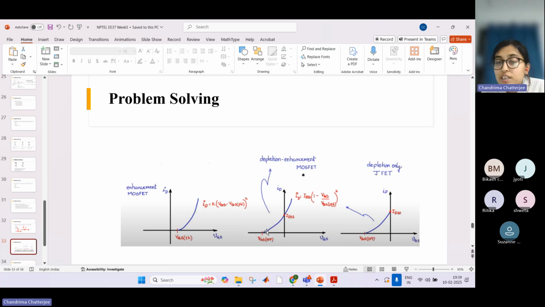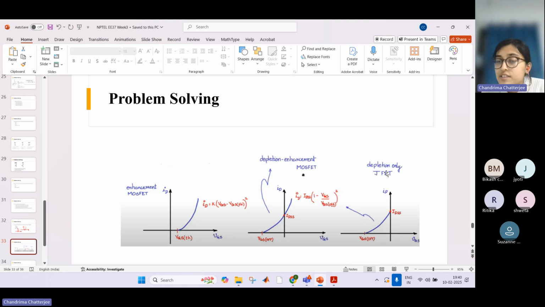And from here only the current starts rising, and after in the positive direction also it rises. So this is a depletion enhancement type MOSFET because the characteristic has some of its part in the second quadrant and some of its part is in the first quadrant, right? So this is kind of a hybrid MOSFET. It has a depletion characteristic as well as enhancement characteristic.